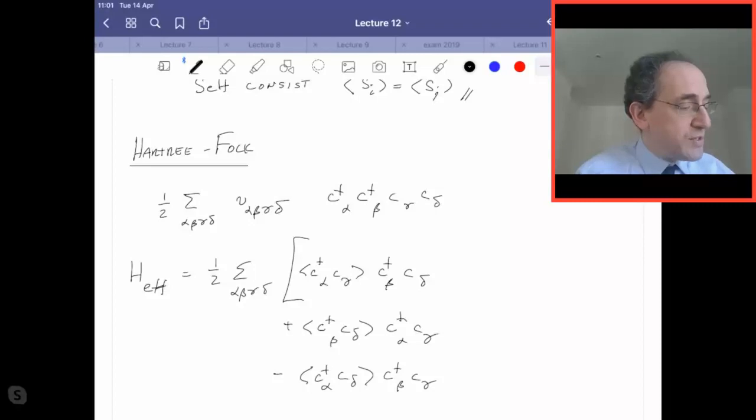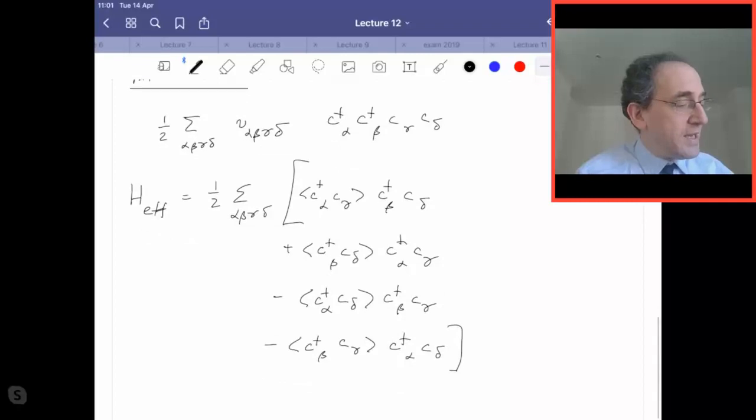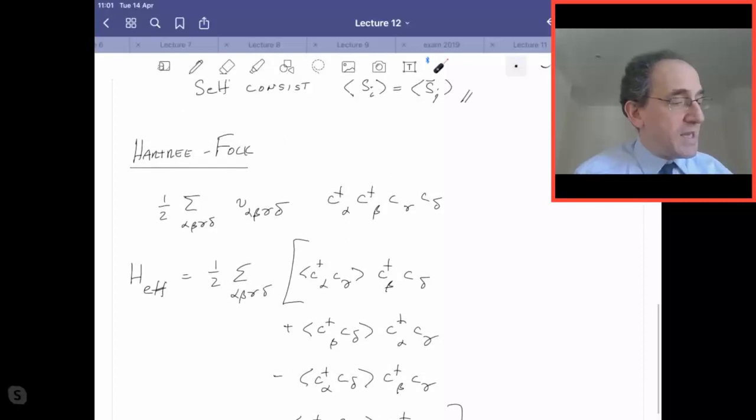And the reason these last two terms come with a minus sign is because in order to commute, let's take this term here, in order to commute the delta all the way through so that it's next to the alpha, oops, it looks to me like I made a mistake here. Yes, I did.